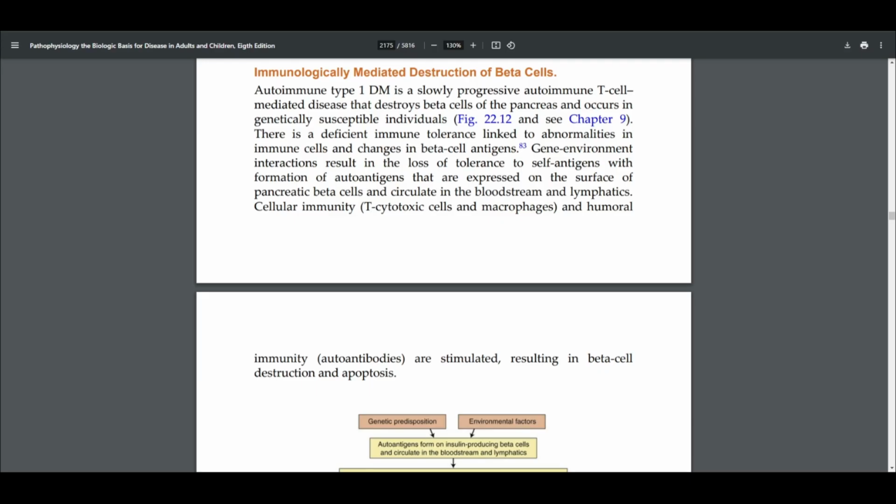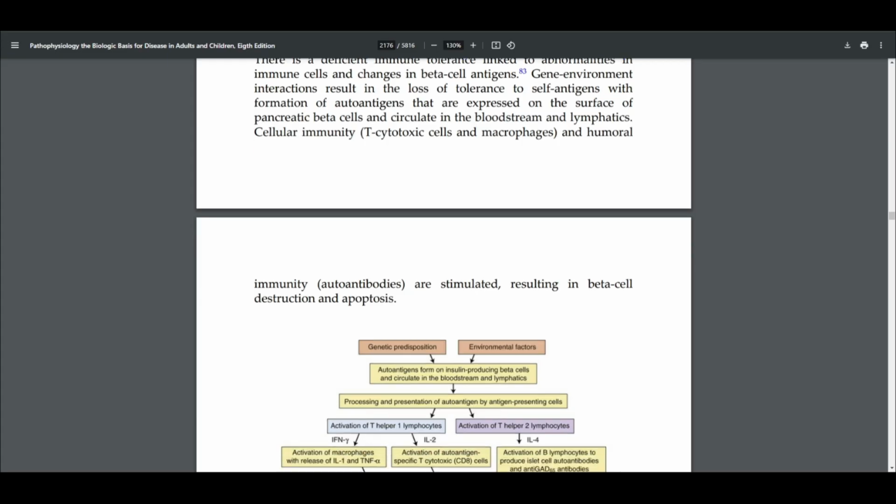Gene environment interactions result in a loss of tolerance to self-antigens, with the formation of autoantigens that are expressed on the surface of pancreatic beta cells and circulate in the bloodstream and in lymphatics. Cellular immunity and humoral immunity are stimulated, resulting in beta cell destruction and apoptosis.